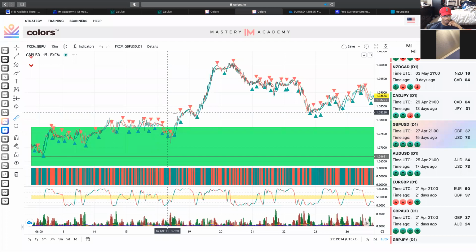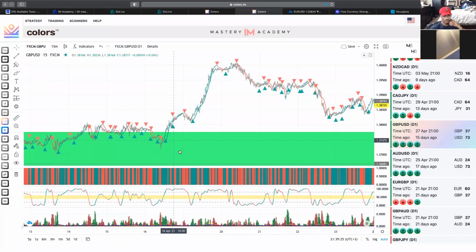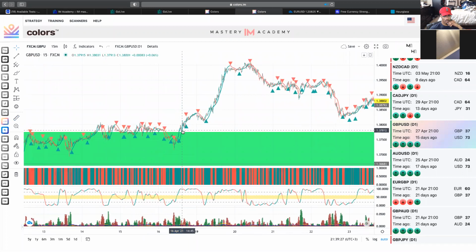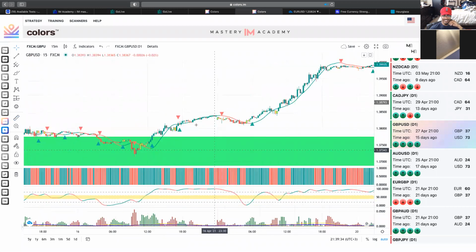Look at this, y'all. Green. We're coming out of the zone with momentum.